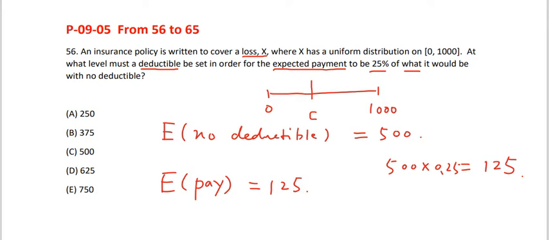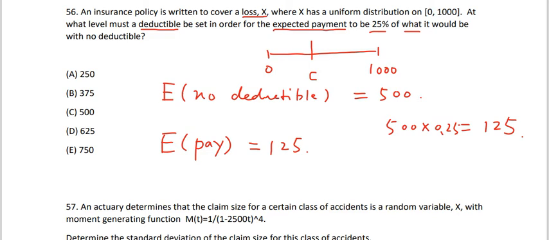So we want to find this c. We can find the expectation for the payment. The payment from 0 to c is 0, so forget this part.